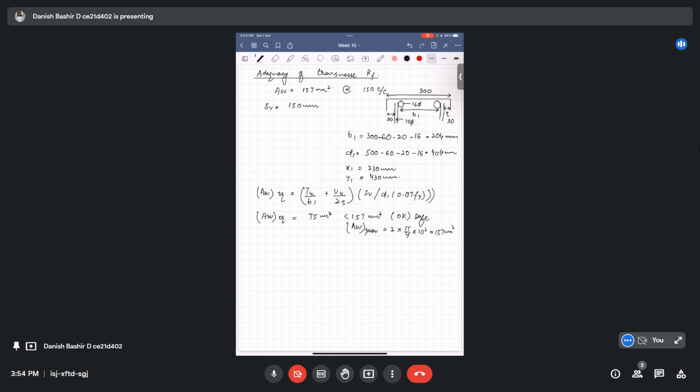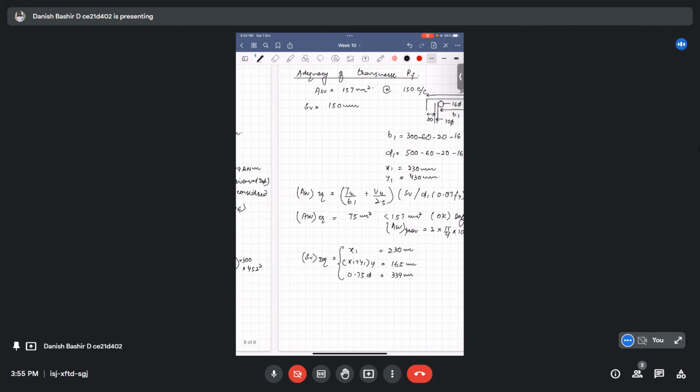We have to check the spacing also. As per code, Sv required is given by this formula: either x1, or x1 plus y1 by 4, or 0.75d, any one of the three. x1 is 230, already calculated, and if you calculate this one, it will be 165 mm, and 0.75d comes to be 339 mm.